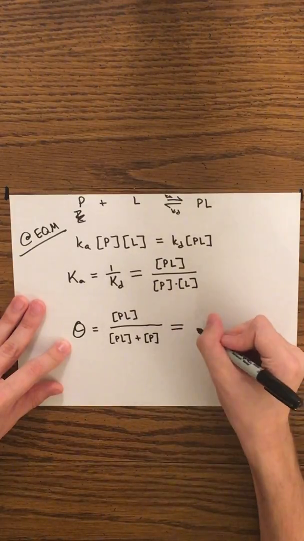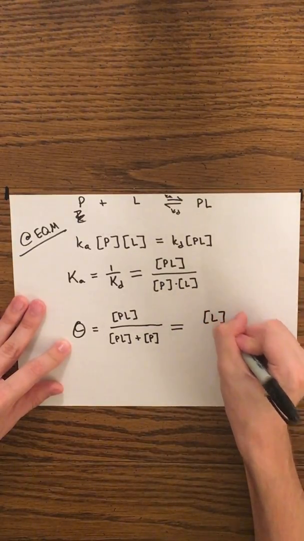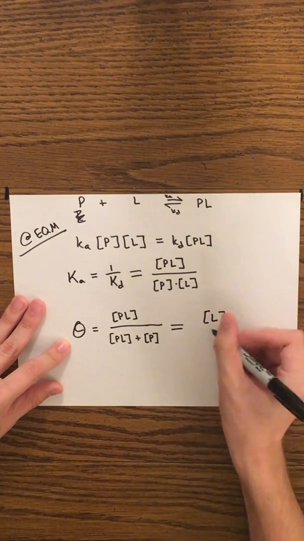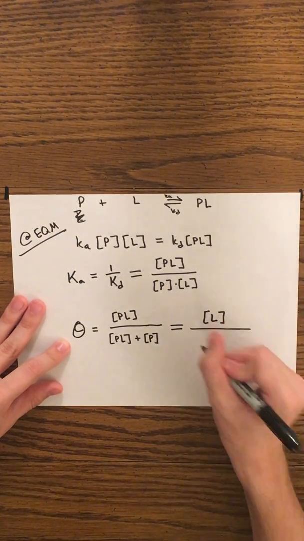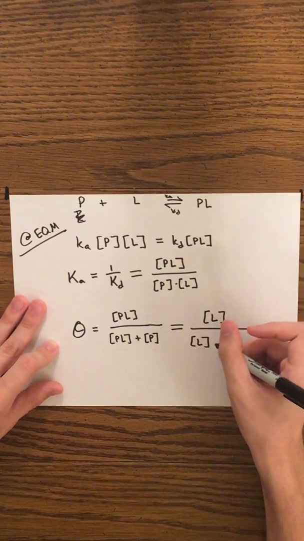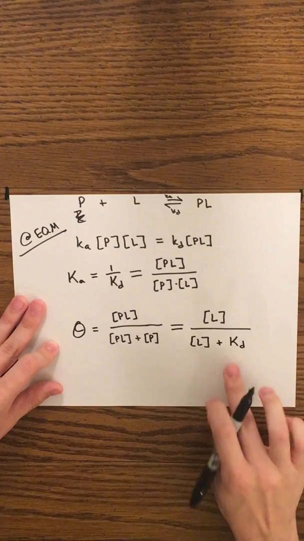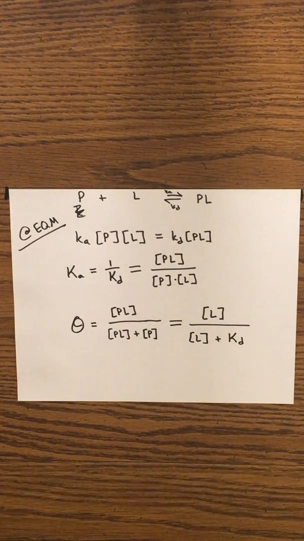And then we were able to say, oh, so if we wanted a more experimentally friendly way of writing that out, we could say it's equal to the concentration of the ligand over the concentration of L plus this value of the dissociation equilibrium constant.